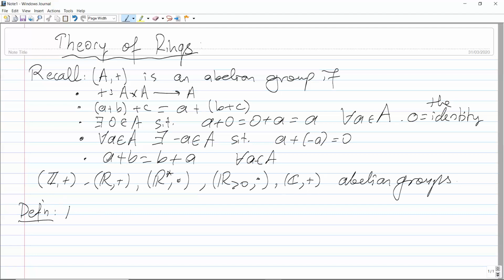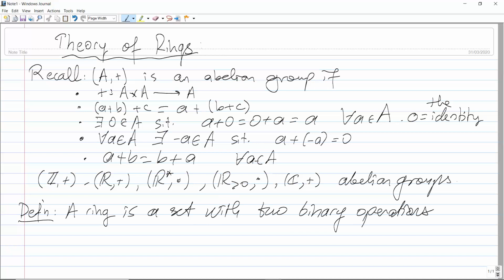Next, now I will define the ring. What's a ring? A ring is a mathematical system, or let's say a set R with two binary operations. First, let's denote it by plus, addition.